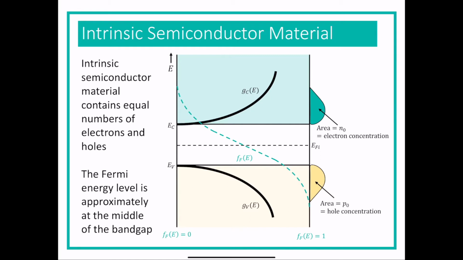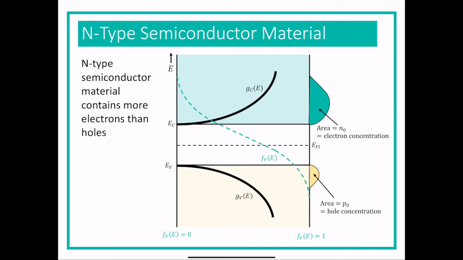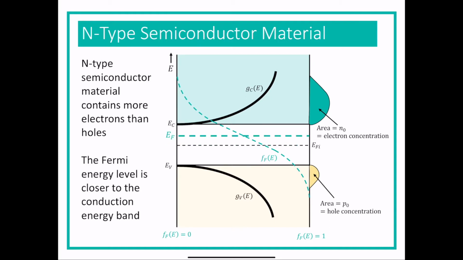And then when we go to N material, right now it's not crossing, it kind of shifts to the right, but the actual Fermi level is at that point, at the center of the line. So the Fermi energy level actually crosses the center of the Fermi-Dirac function, and that's reflecting the fact that there are more electrons than holes.